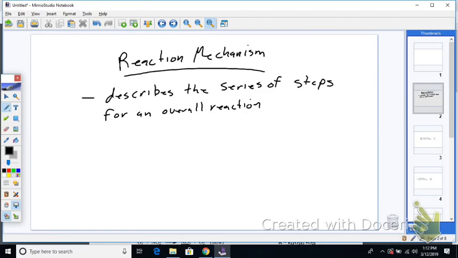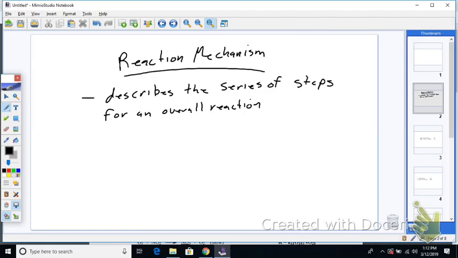The odds for that to happen are low, but they're also moving very fast, and it can happen, so you could have 3 collide at one time. Okay? So one molecule is unimolecular, 2 colliding would be bimolecular, and then 3 together is termolecular, and that doesn't happen very often. Okay?